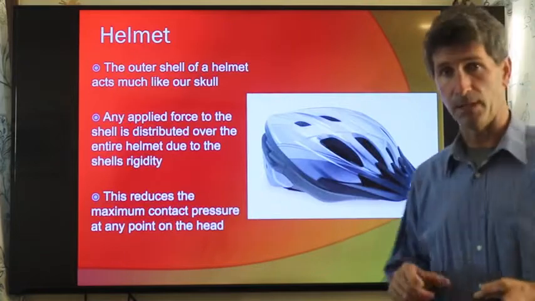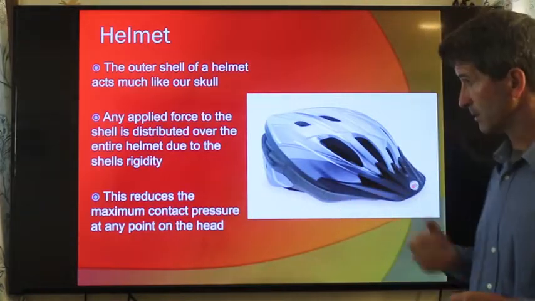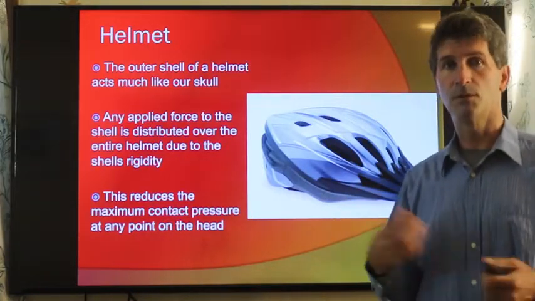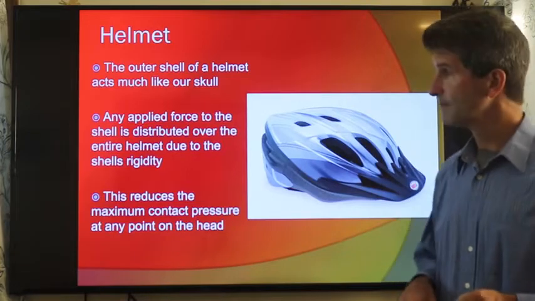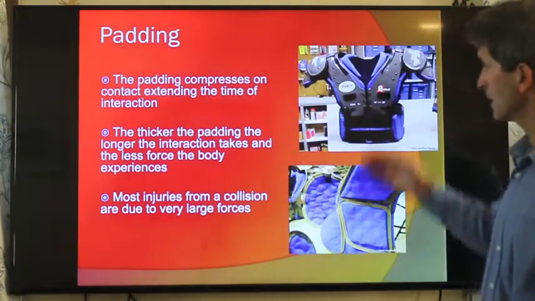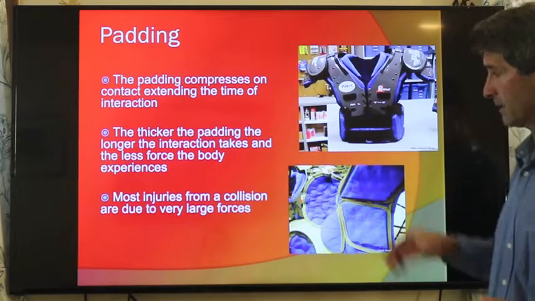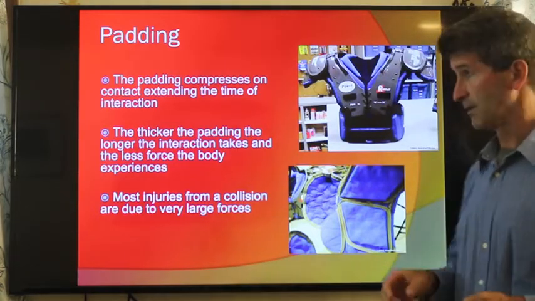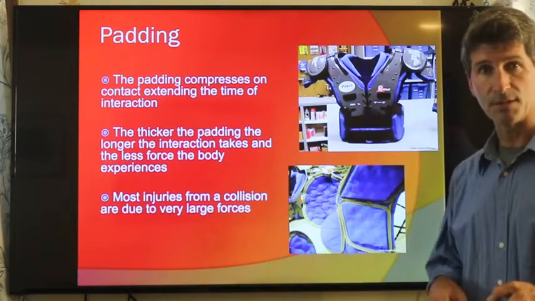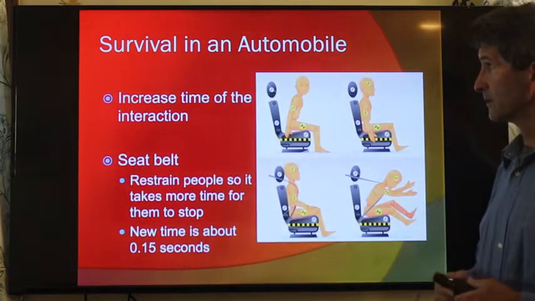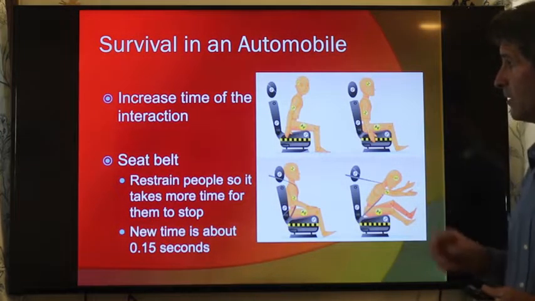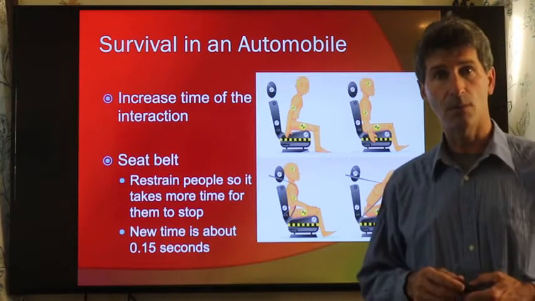The bicycle helmet, being made out of material that permanently deforms, a styrofoam, should be replaced any time that there's a fall. And again, here you can see more padding that's used to extend the time of the interaction and decrease the force of the collision.